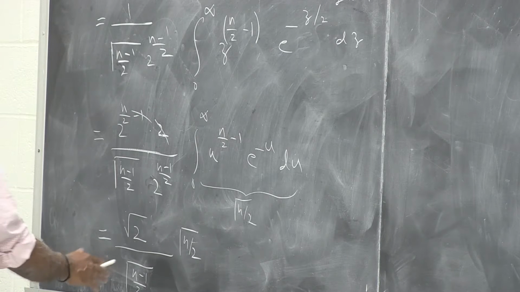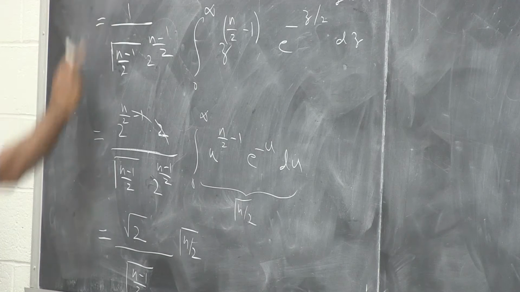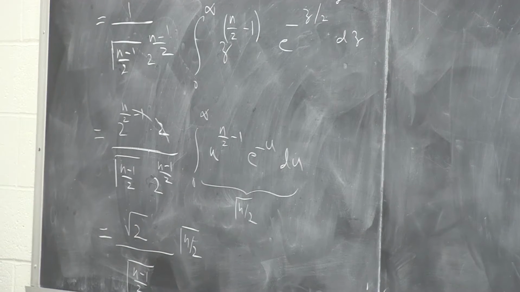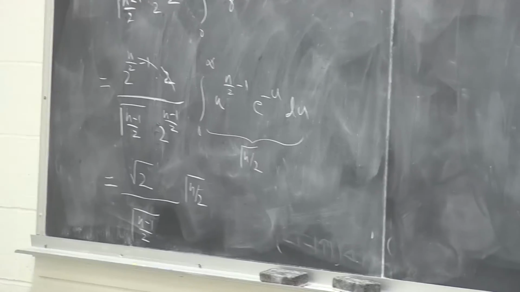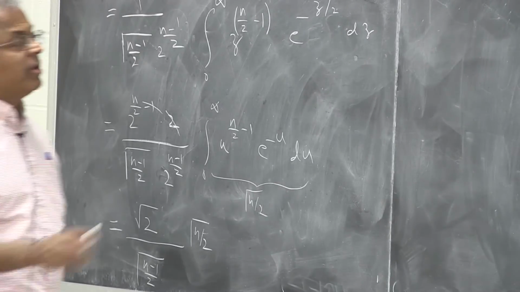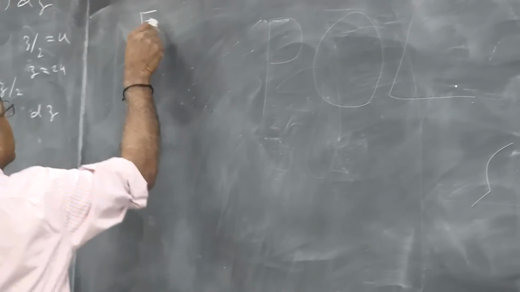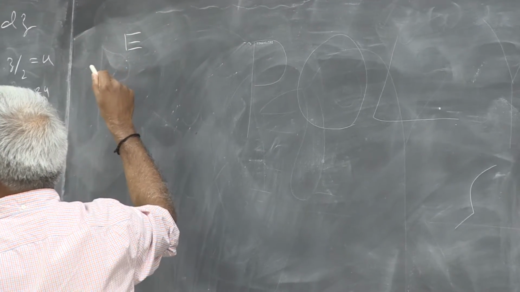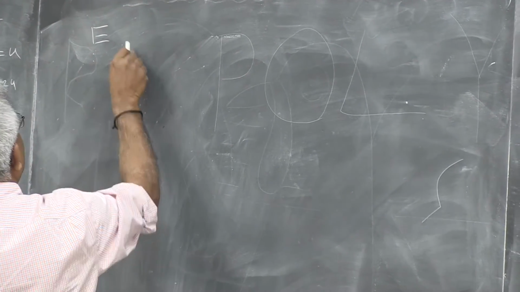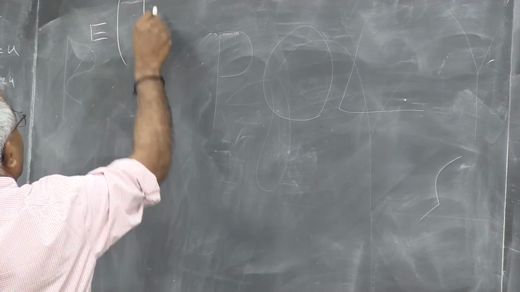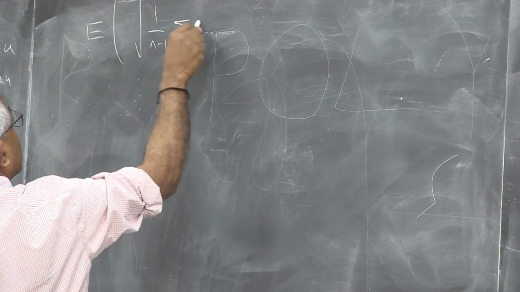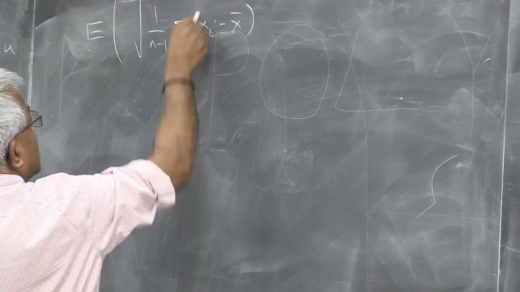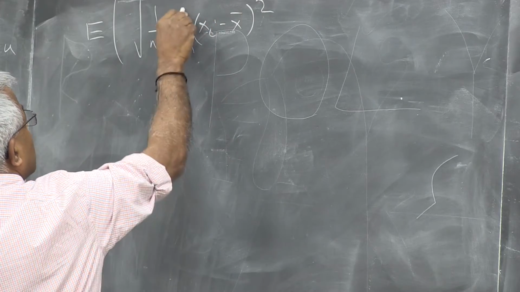Alright, so the whole point is that the expected value of square root of z is a constant. From there we get the expected value of the square root of 1 over n minus 1 summation of xi minus x bar, the whole squared, i equal to 1 through n.